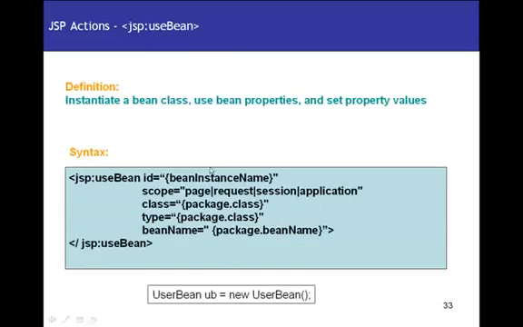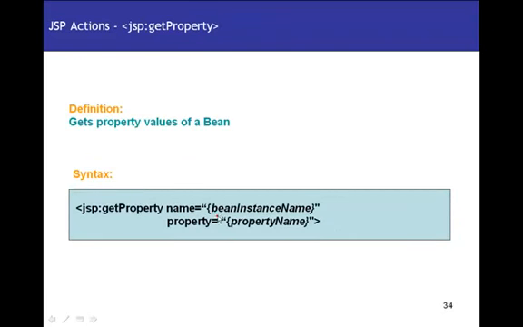So whatever value you put in the ID attribute for the JSP useBean element would go in the name for the JSP getProperty element, right? So here you are basically saying that you want to get the property values for this particular bean, right? And in property you give whatever property name, whatever value you want to fetch. So in this example it could be username which you want to fetch and display on the JSP page. So the property would be username here, right?